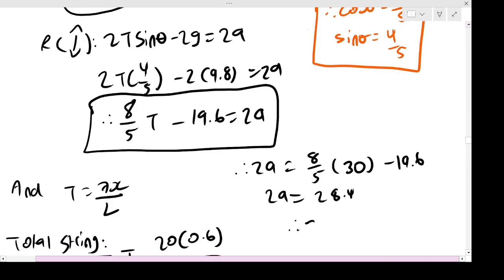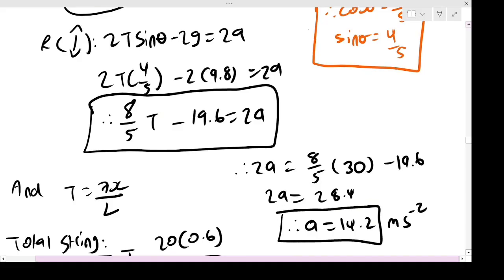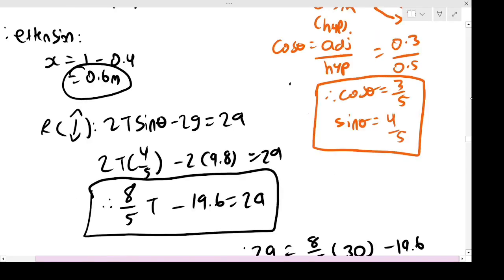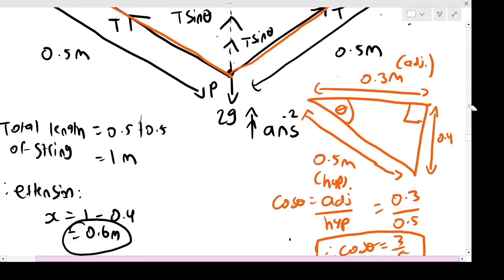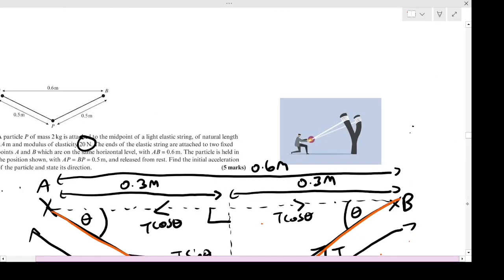Therefore a is going to be, if I divide that by 2, 14.2 meters per second squared there. And again, I keep emphasizing this, but the acceleration is positive, which indeed means the acceleration is upwards. So the particle is going to bounce and spring upwards. Okay, so there we are.